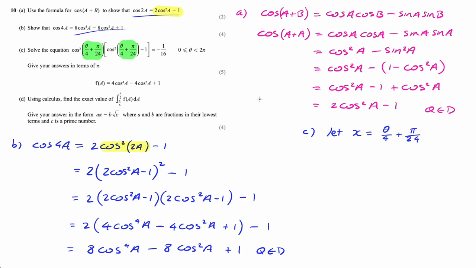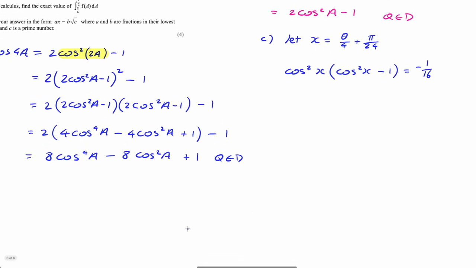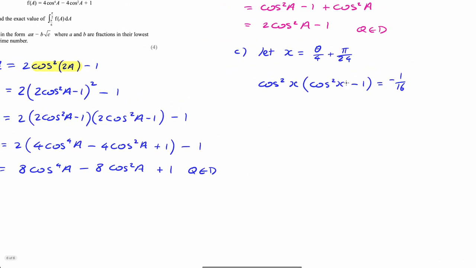Okay, this is just till we get our head around what's actually being asked. So it's cos squared x times cos squared x minus 1 equals negative 1 over 16. Now usually, guys, it'll be something to do with parts A and B that we've discovered, but for now let's try and deal with this over here.